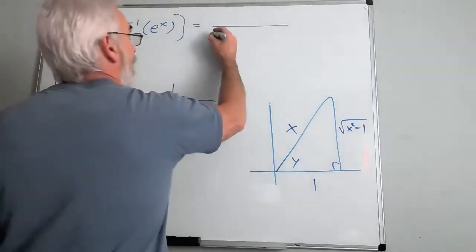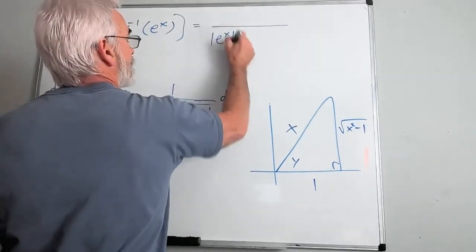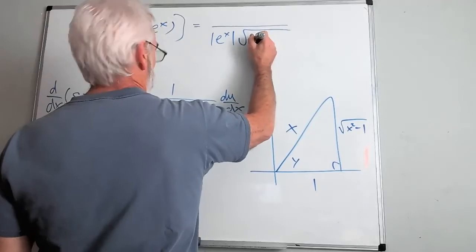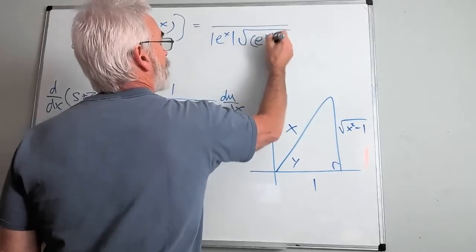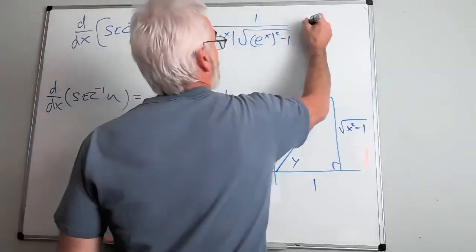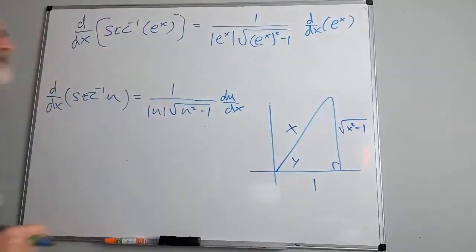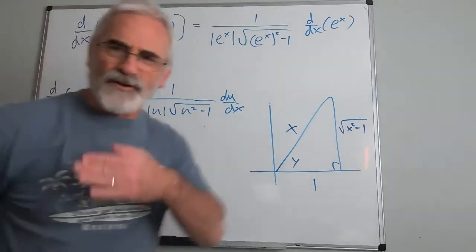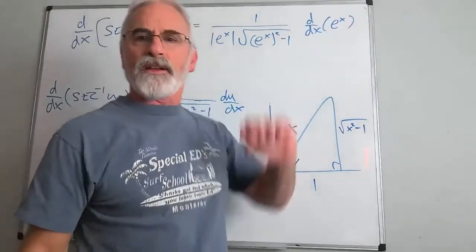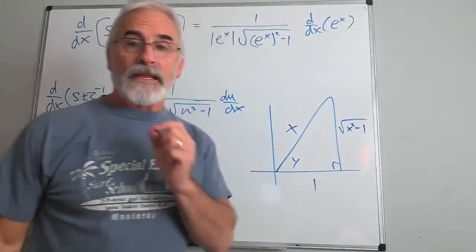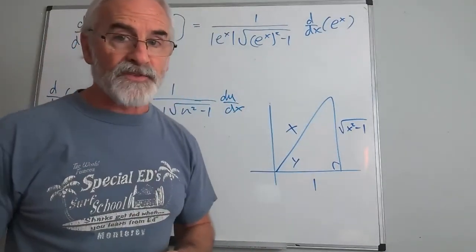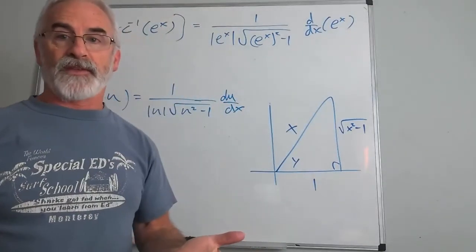So when I write this down, this should be the absolute value of e to the x, times the square root of e to the x quantity squared minus 1, times the derivative of e to the x. Now, e to the x is an exponential function. E to the x is always positive. So if I take something that's always positive, I don't need to take the absolute value of it, right?